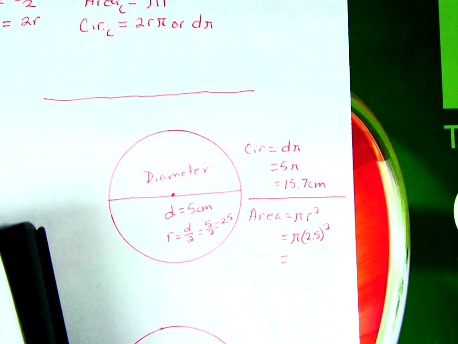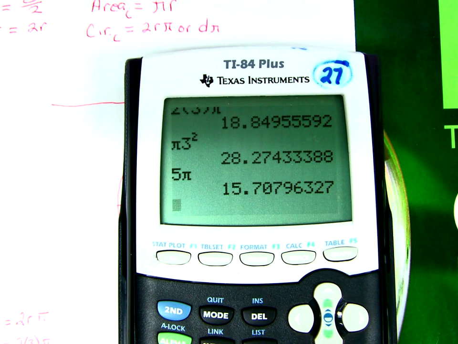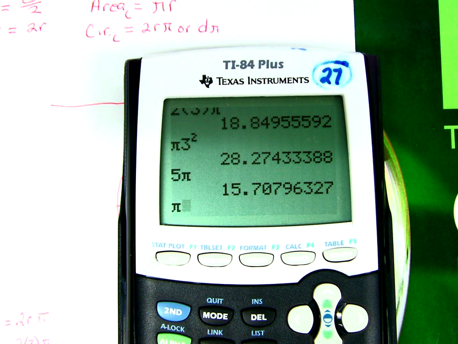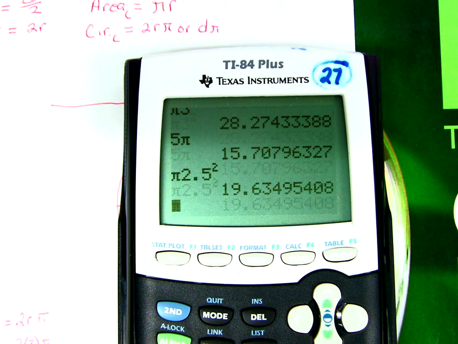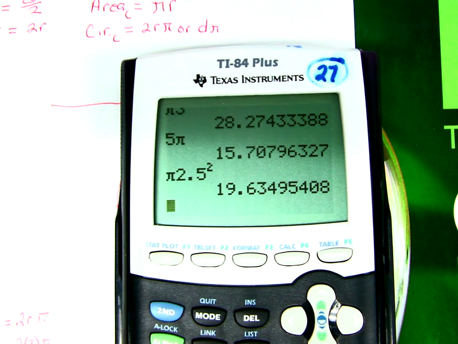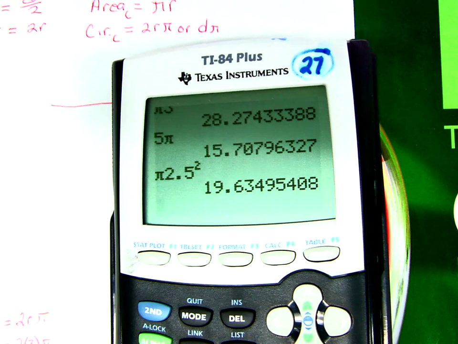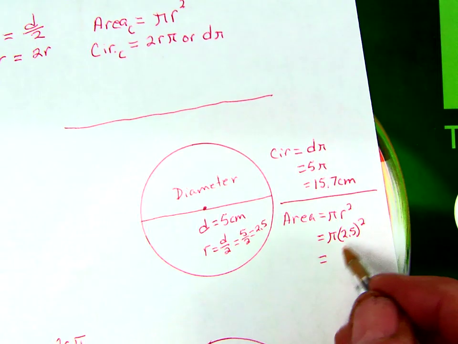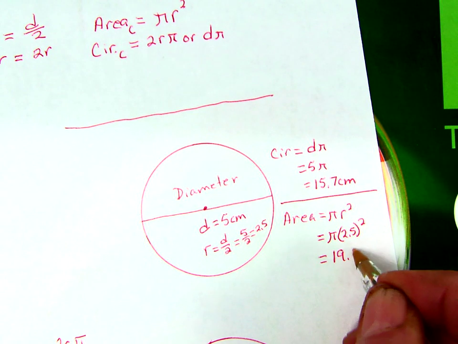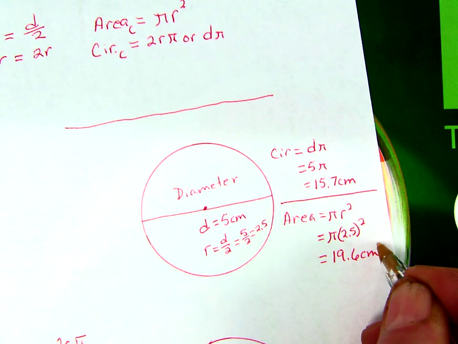Now we type that into the calculator. Pi, 2.5 squared. 19.6 centimeters, this is area, centimeters squared. So about 19.6 centimeters squared.